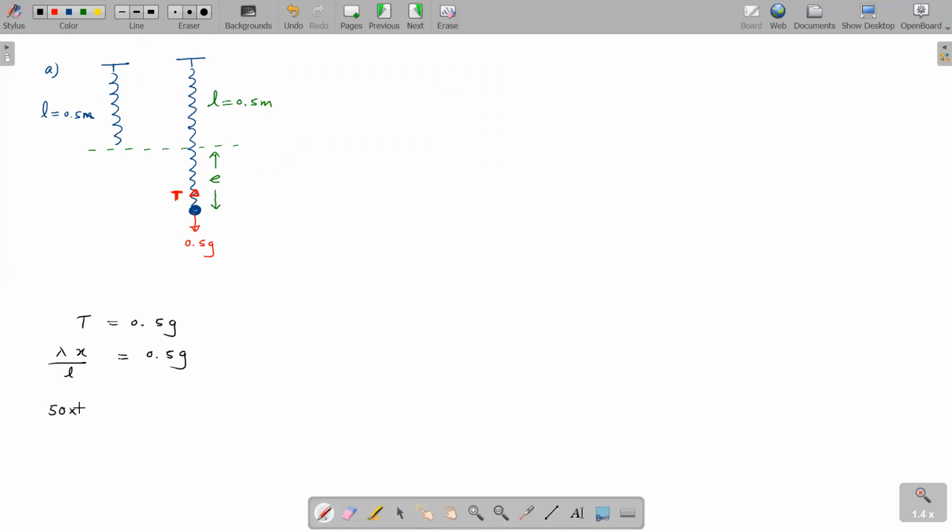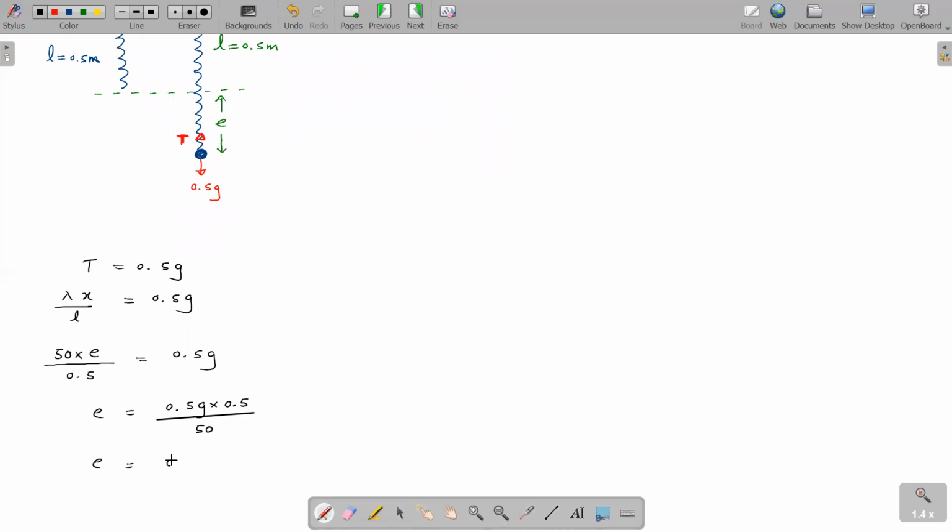Extension, the length the spring has stretched beyond its natural length, I have named as E, over natural length 0.5, equals 0.5 g. Now we'll make E the subject: E equals 0.5 g into 0.5 divided by 50. How much is E?